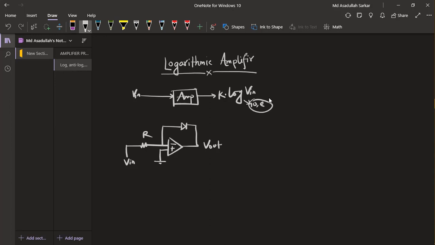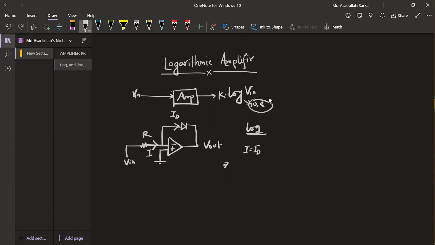We have to find out the expression of the circuit, whether it is logarithmic or not. We know that the current flowing through this diode is ID. The current flows through R, and the same current flows through diode D, so I equals ID, as no current enters the inverting input.